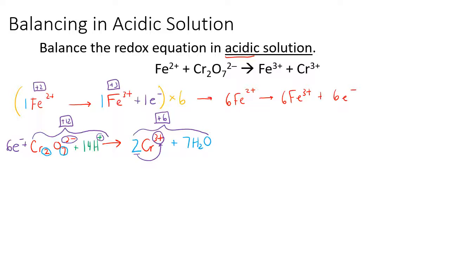Now we're going to be able to add up our 2 half reactions, and everything that we need to cancel should cancel. Our 6 electrons are on the right-hand side of our top half reaction, so that was an oxidation of iron, and they're a reactant on our left-hand side of our bottom half reaction. So our bottom half reaction was a reduction of the chromium.